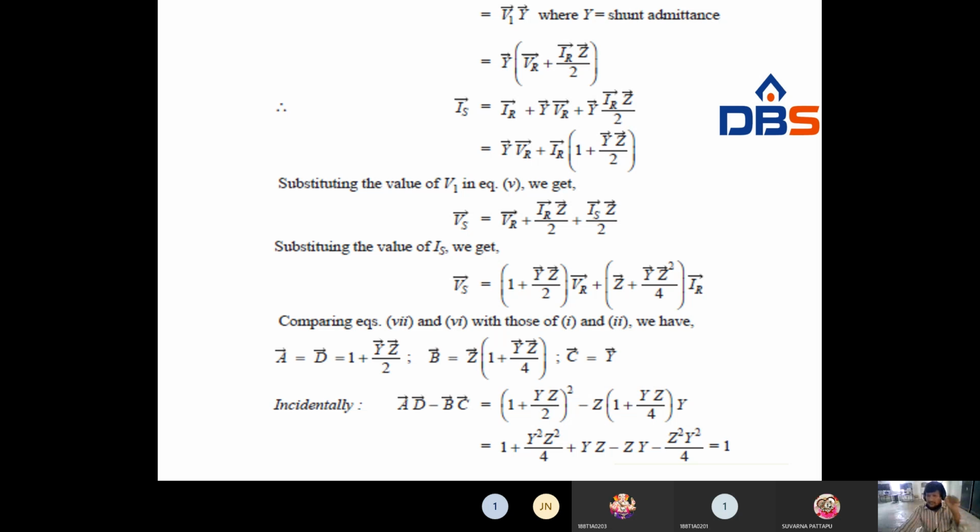A is equal to D is equal to 1 plus Yz by 2, B is equal to Z into 1 plus Yz by 4, C is equal to Y, right? So now the two conditions. AD minus BC equal to 1.